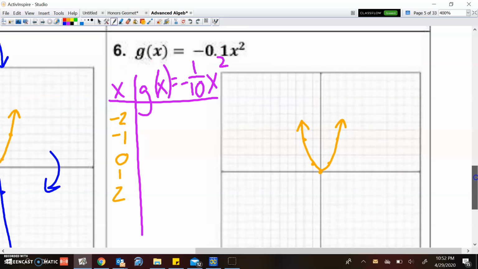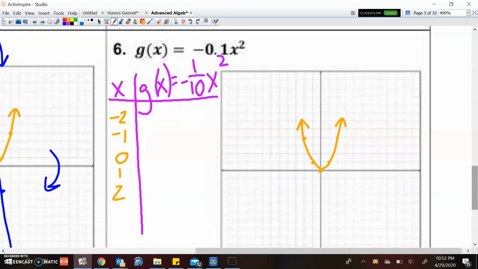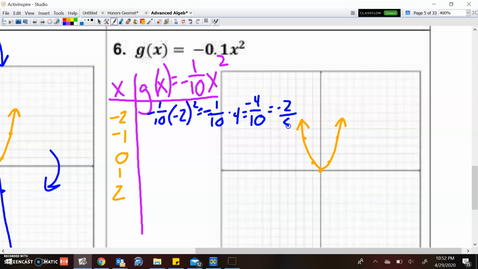All right, last one. Now I've changed this. It said -0.1. I'm just going to change it to -1/10, but you're welcome to keep it however you like. All right, so we have -1/10 times -2 squared. -2 squared is 4, so it's -1/10 times +4, so that gives me -4/10 for all you fraction lovers out there, and that gives me -2/5.